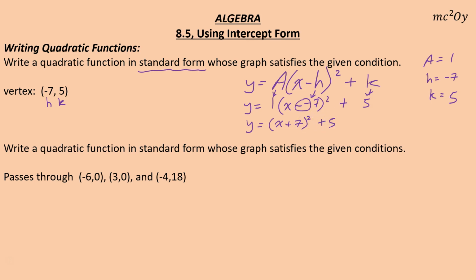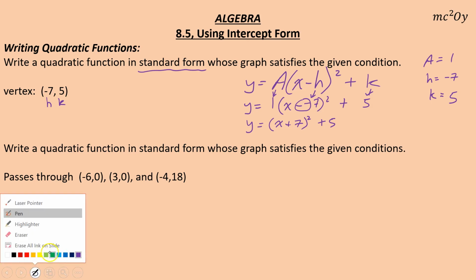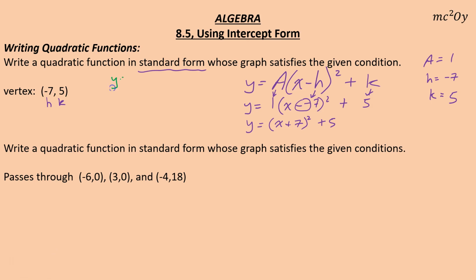All right. Well, that's perfect if we wanted vertex form, but it says standard form. So let's go ahead and change that up to standard form here. So we'll have y equals x plus 7 squared plus 5. And that's y equals x plus 7 times x plus 7 plus 5. All right, well, I can multiply that out.